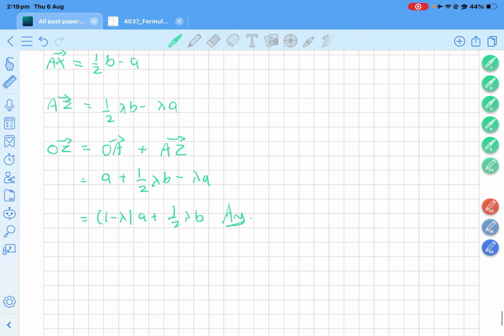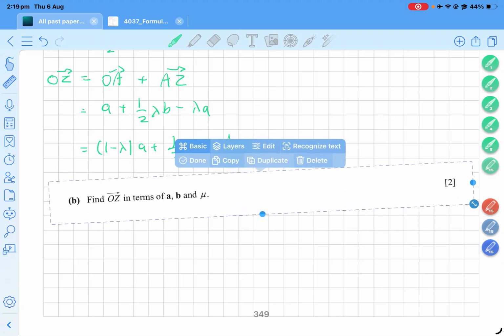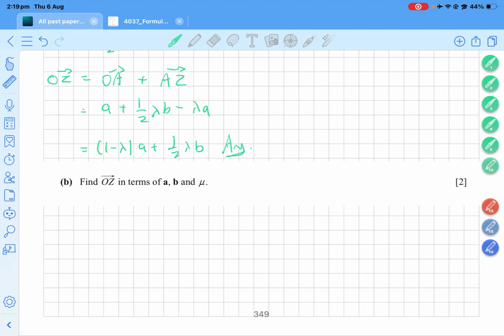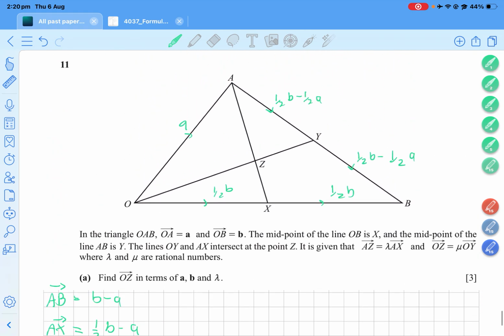Then let's see what part B brings us. Must be something weird. Yeah, find OZ in terms of A, B and mu. So mu means we're gonna have to use OZ is equal to OY stuff. So we have to find OY first.